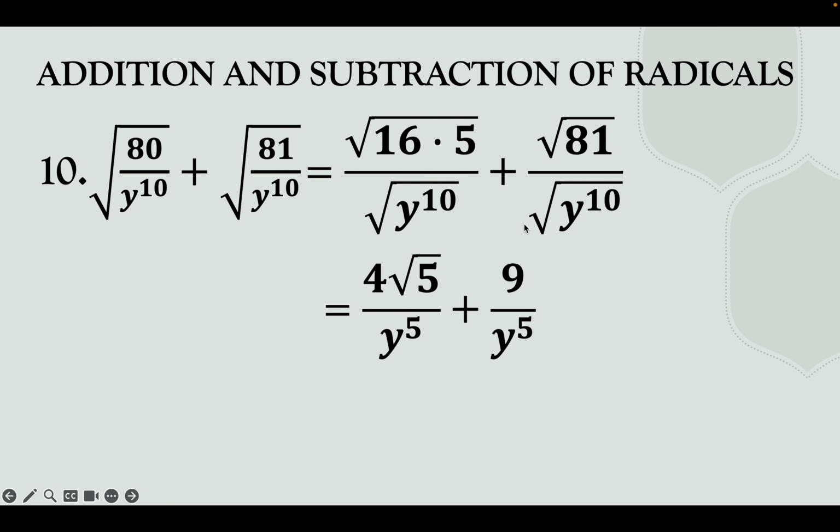Square root of 81 is 9. Square root of y raised to 10, we can divide 10 by 2, so we have y raised to 5. Plus square root of 81 is 9, and then the denominator, we have square root of y raised to 10, again the exponent divided by the index, so we have y raised to 5. So we have the final answer now, 4 square root of 5 plus 9 over y raised to 5.